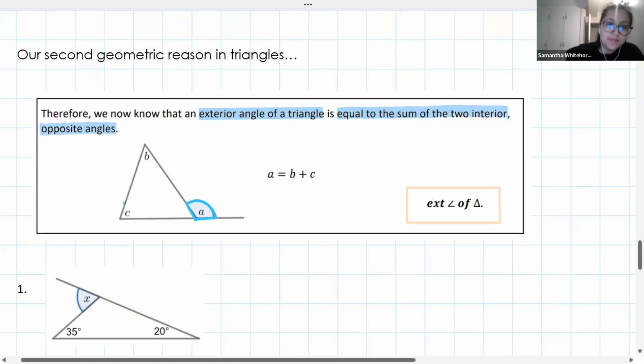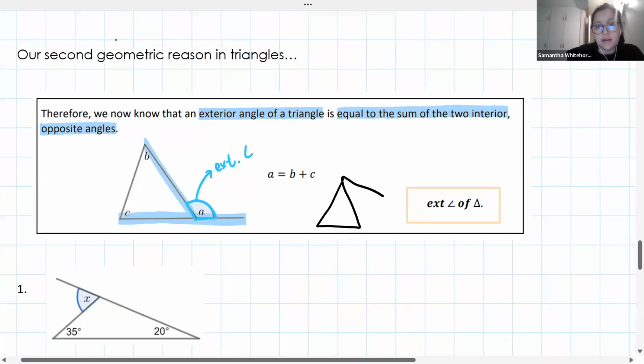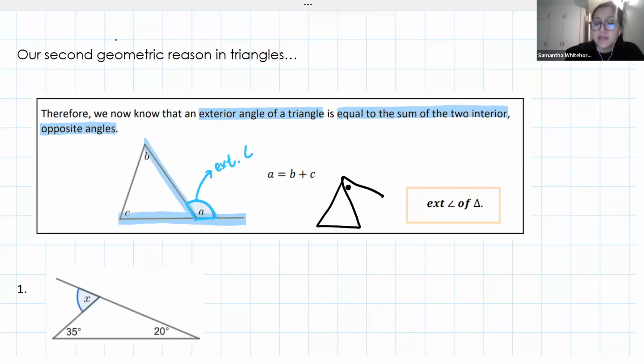Angle A here is our exterior angle. We know it's our exterior angle because it is an angle created between one side of my triangle and an extension of another side. So that's really important. If we had a diagram that looked something like this, yes, this angle here is outside or exterior to my triangle, but it is not an exterior angle of my triangle.